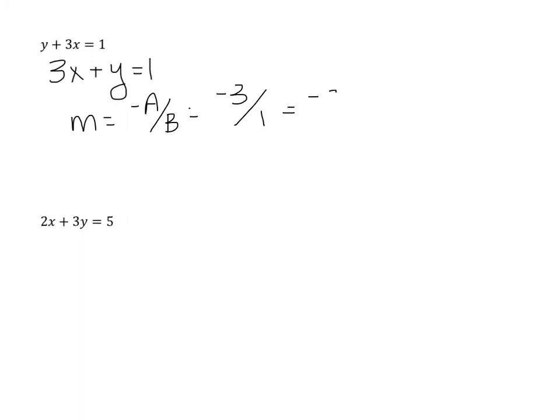So the slope here is negative 3. I can do the same thing here. The slope is negative a over b. Apologize that the bell rang. So that's going to be equal to negative 2 over 3. The slope here is 2/3.